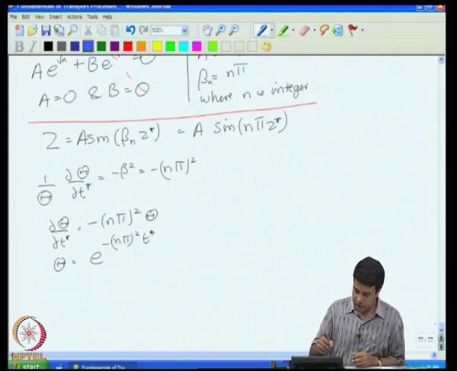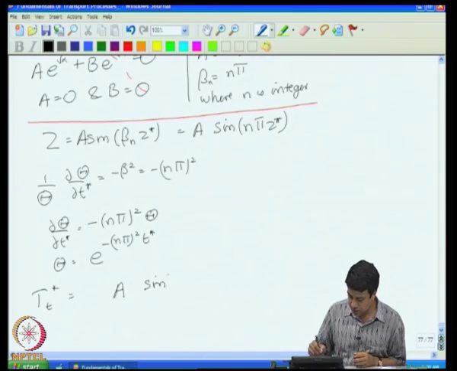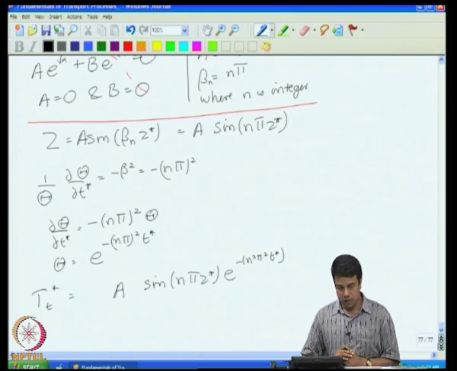So, let us put all of that together, and finally, we get T t is equal to a sin n pi z e power minus n square pi square t. So, this is one solution, it satisfies it if n is any integer.